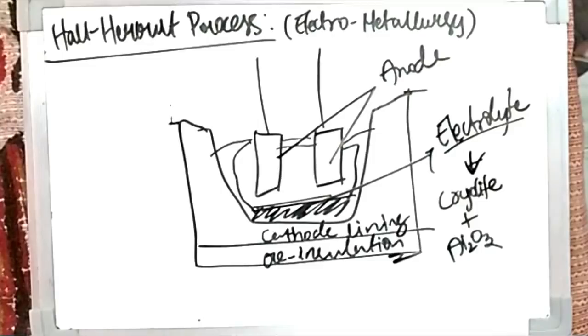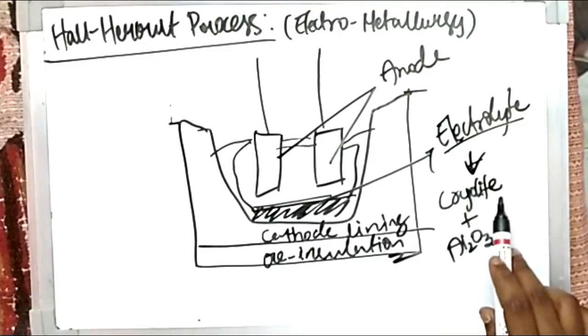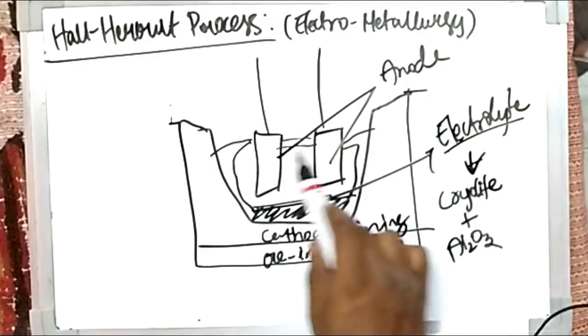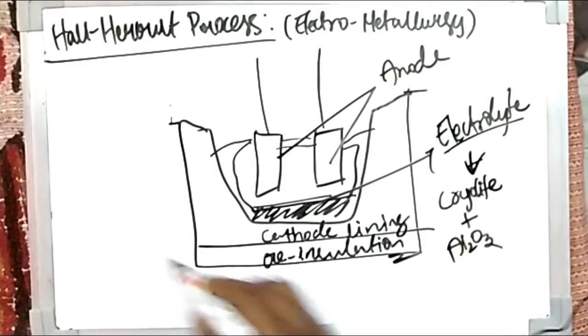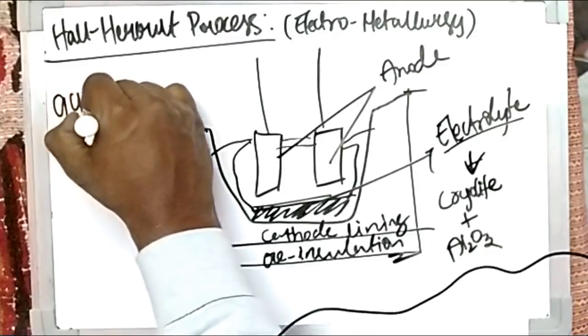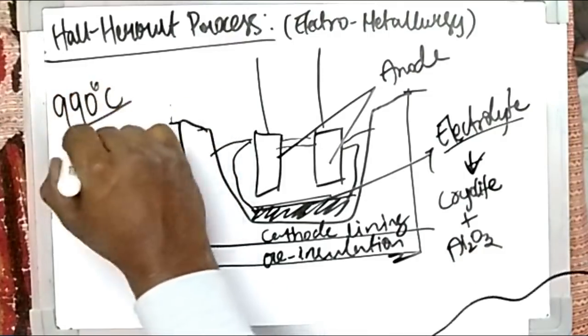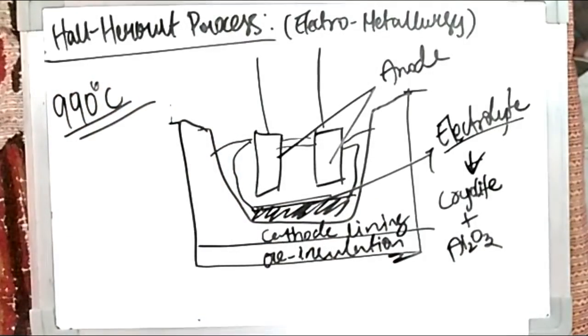During this operation, the cell bath is filled with this cryolite. First we must fill the volume of the cell with cryolite, and then the anode is lowered into it and current is passed. Why do we first keep this cryolite? Because cryolite must melt down. It melts at a temperature of about 990 degrees Celsius. This is the temperature of the cell.